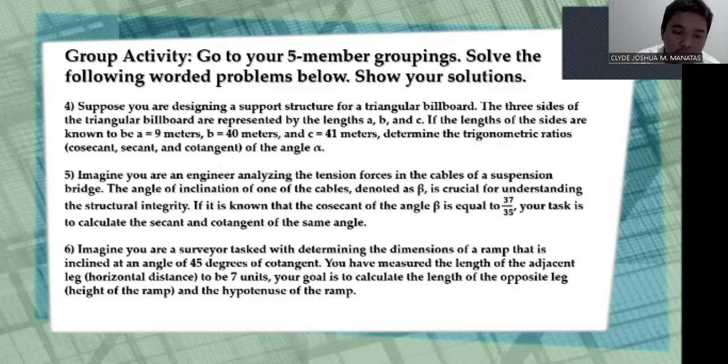Then for the hypotenuse, we use the Pythagorean theorem, and that is 7 square root of 2. Okay, so you got it all right now.